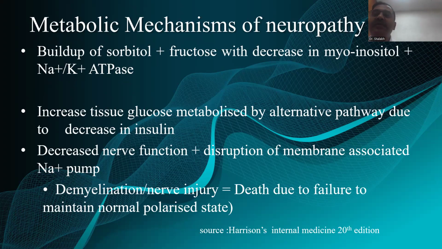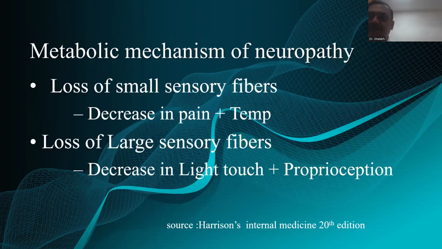I'll skip through this. This is probably more of interest to medical colleagues. For the normal layperson, the basic understanding here is increased glucose in the body leads to increased neuropathy through various mechanisms, right? The small sensory fibers, when they are damaged, you'll no longer be able to feel pain.